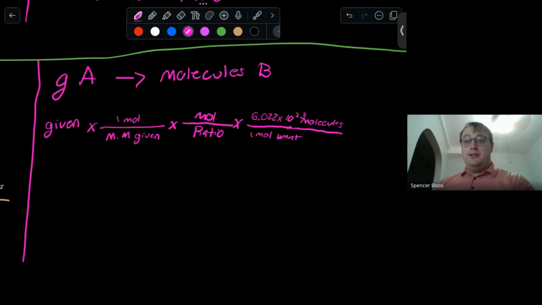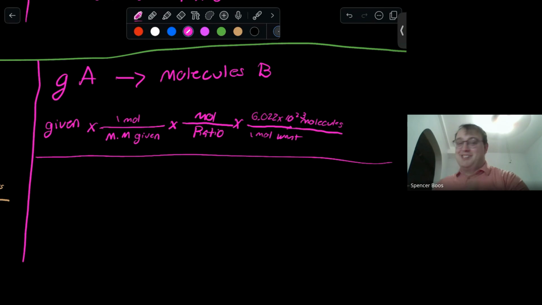And guess what? If you want to go in the reverse direction, you just flip it. You just do it in reverse, right? It's so cool. Sorry, I'm nerding out.